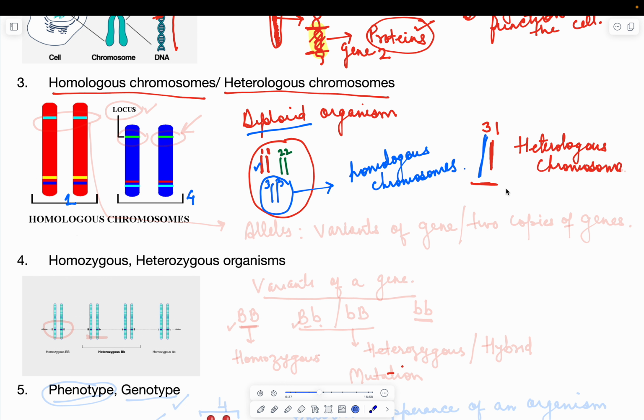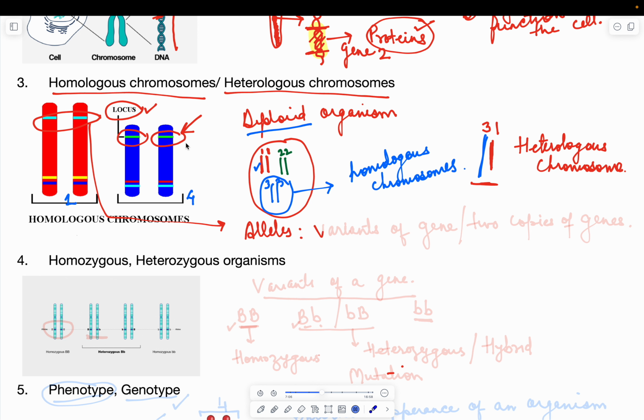As I have already told you, chromosomes have genes. Chromosomes are the carrier of genes. So this is known as locus. The position of a gene on a chromosome is known as locus, right? And these two copies of genes are known as alleles.